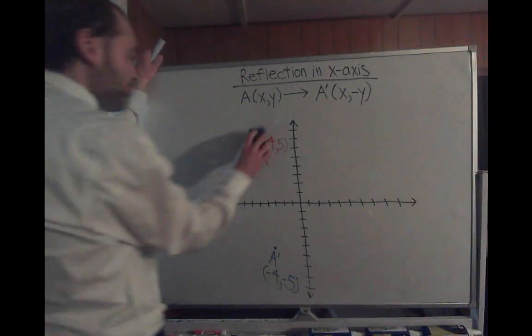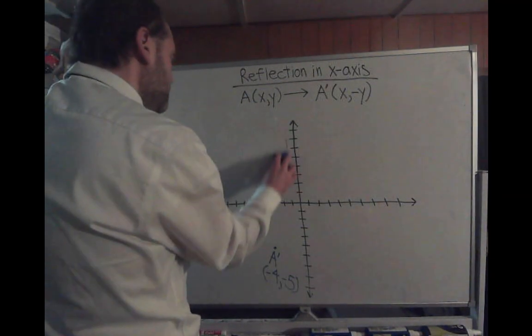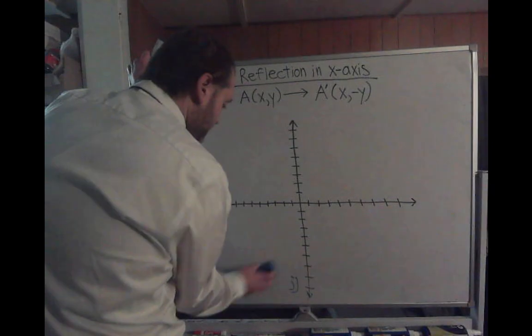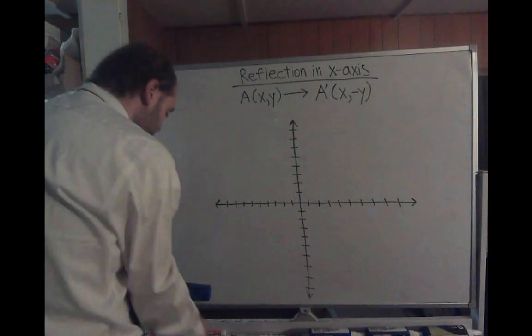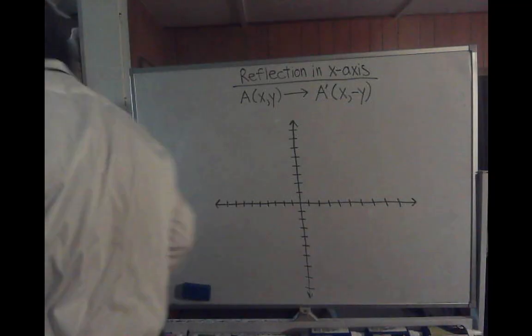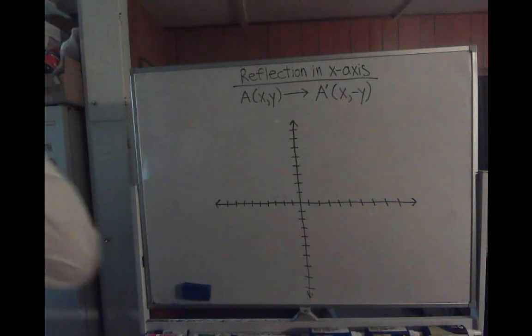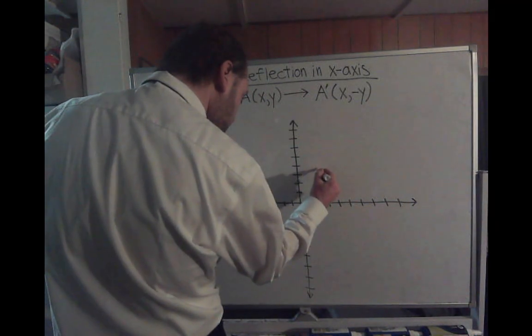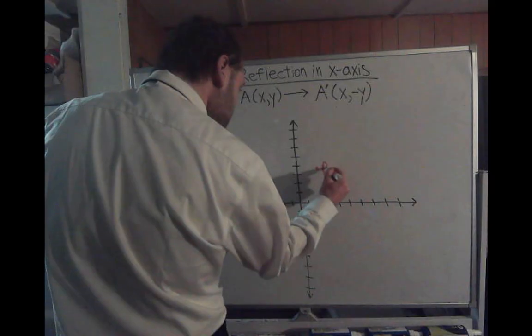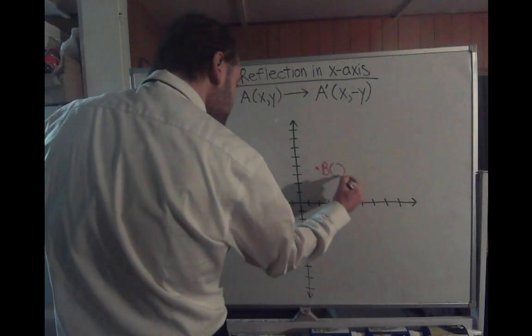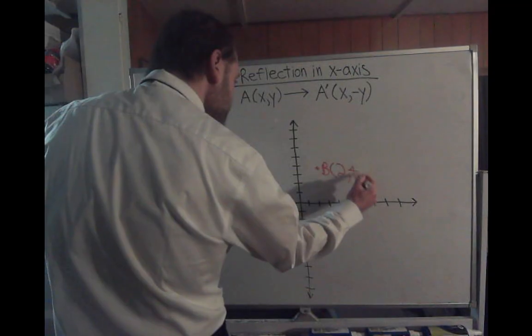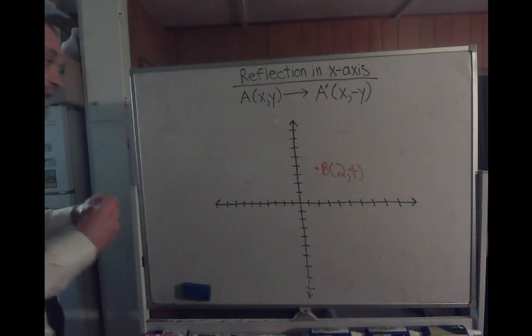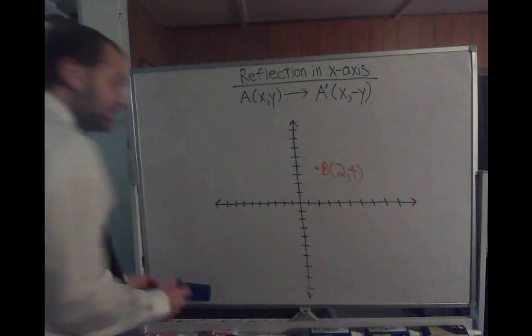I've got a few more points to illustrate a reflection in the x-axis. Point B is located at 2, 4. Again, I want to reflect B in the x-axis.